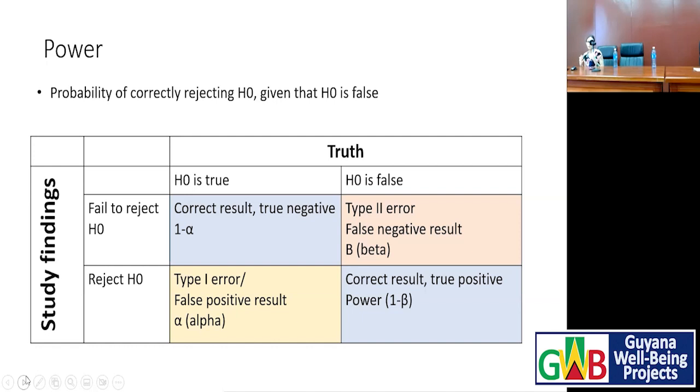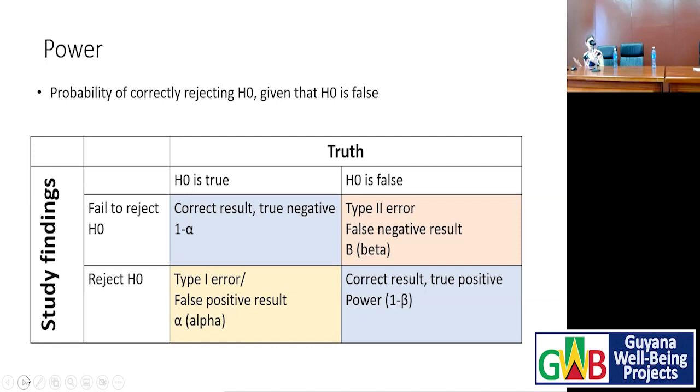When you're applying a statistical test of a hypothesis, our null hypothesis is H0, and we perform a statistical test to either reject the null hypothesis.